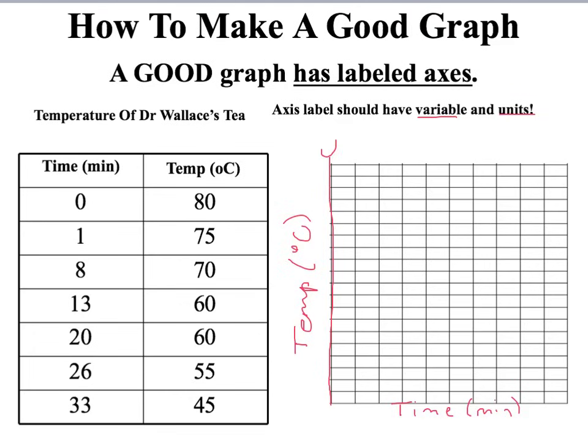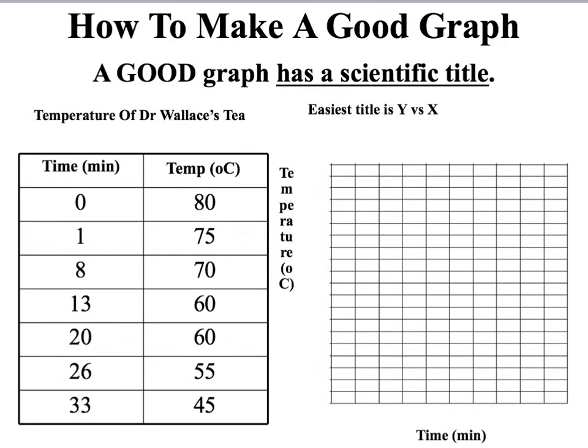Now it looks kind of sloppy because I'm doing this on my iPad, but let's make it a little bit more formal here. This didn't transfer over very well, but you get the idea. It looks a little bit neater typed, and if this was a real graph on paper, I'd be sure to use my best handwriting.